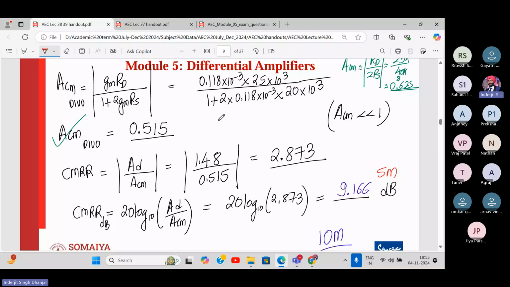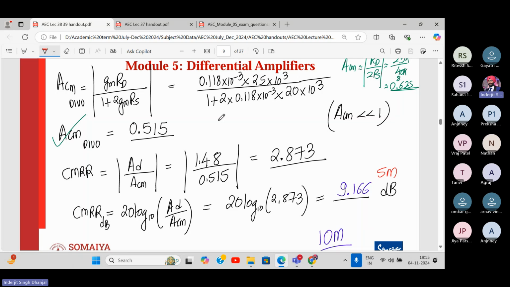The third theory question will be derive the expressions for the DC Q point in a MOSFET differential amplifier, or derive the expression for differential voltage gain, common mode voltage gain, or CMRR for a differential amplifier for any configuration, for DIBO or DIUO.